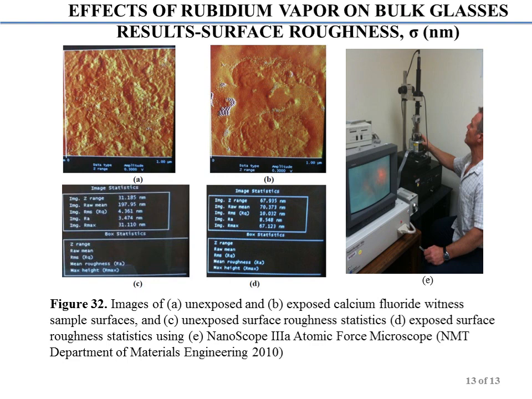And in B, the exposed sample surface roughness was roughly 10.032 nanometer, plus or minus 1 nanometer peak to valley. Effectively, what you have is an increase in the surface roughness of the material, in this case the calcium fluoride, due to the atomic rubidium.